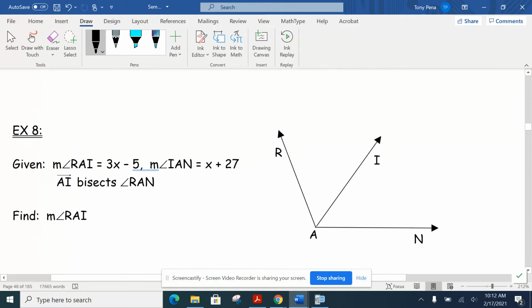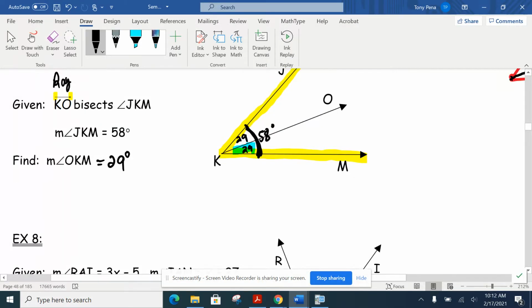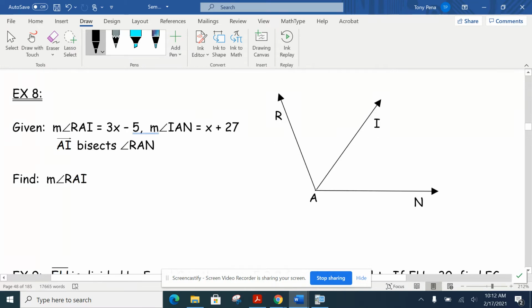All right. Now we get into an equation though. Most of the ones we do, we kind of give you one with numbers, and now we want to do one where you've got to do a little bit of algebra. So similar setup. If I give you the measure of angle RAI, so here's RAI, that has a degree measure.